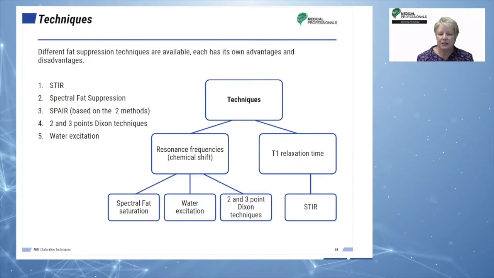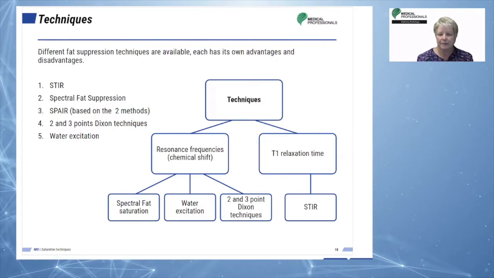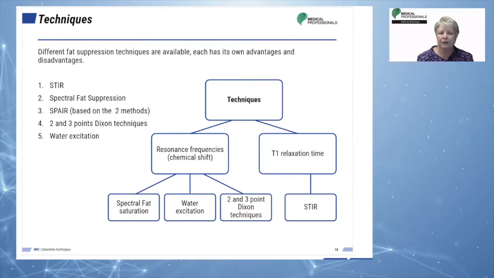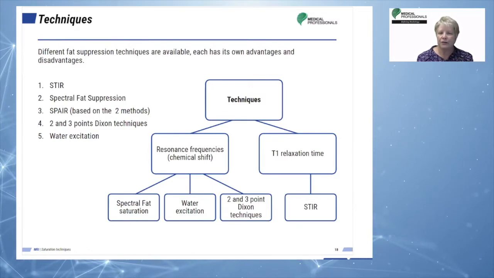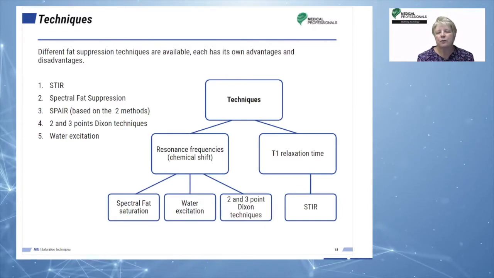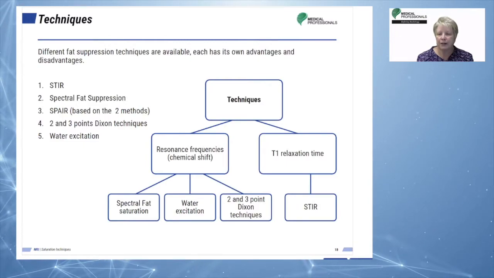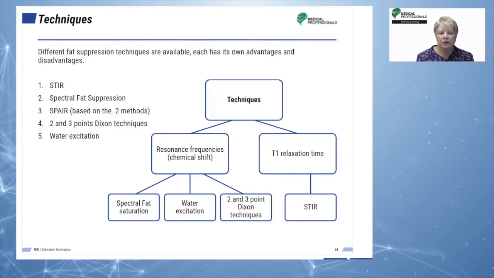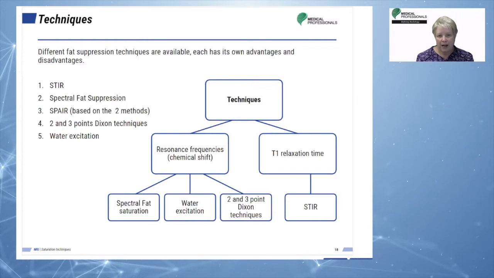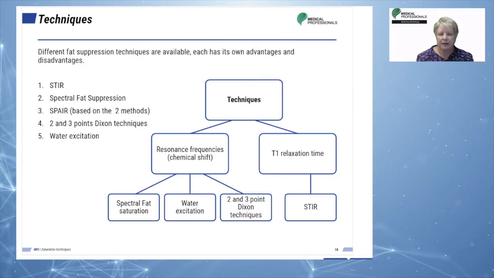T1 relaxation time techniques are limited to inversion recovery techniques. This particular inversion recovery is called STIR, S-T-I-R. STIR stands for short T1 inversion recovery. There are so many acronyms in MRI, but each letter means something that defines the sequence.